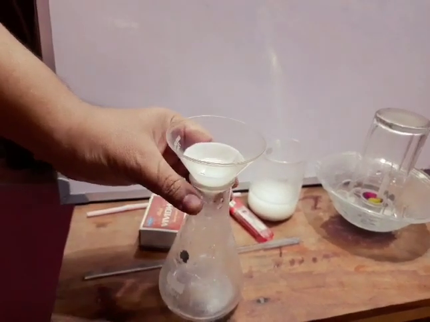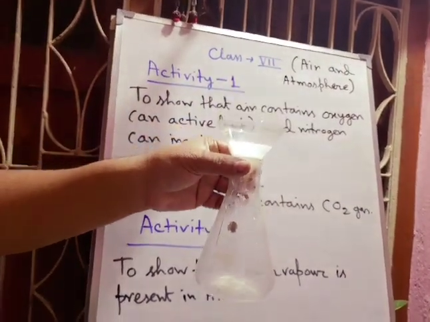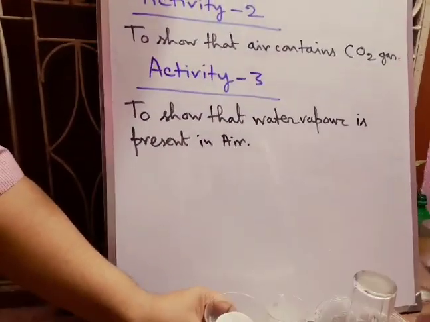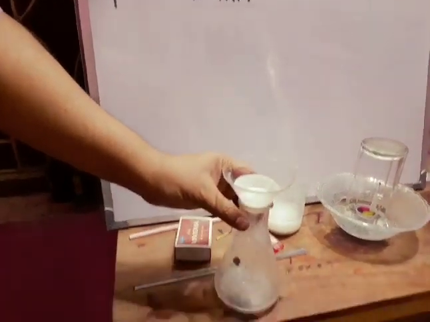At the bottom of the conical flask we are getting a clear solution, and we have to transfer this clear solution inside a test tube.